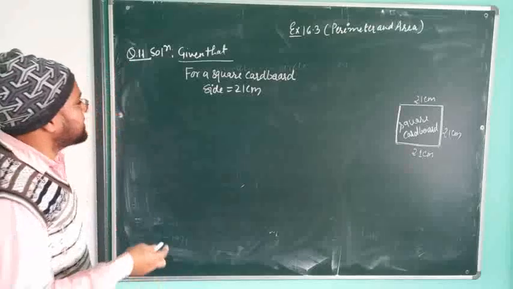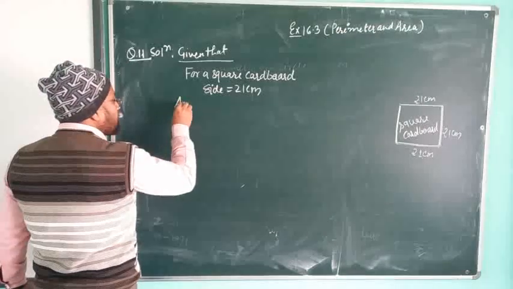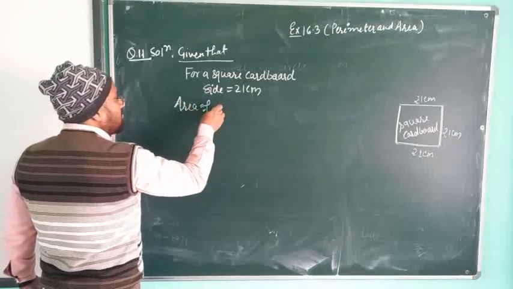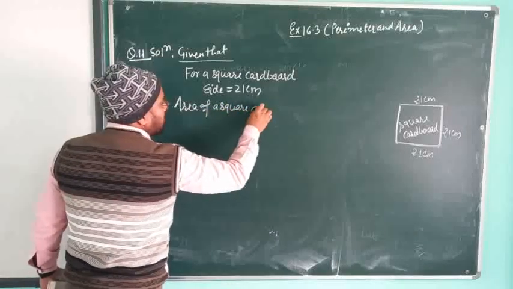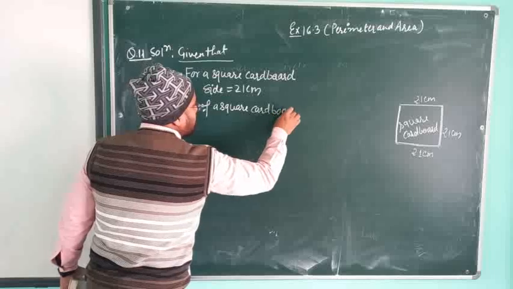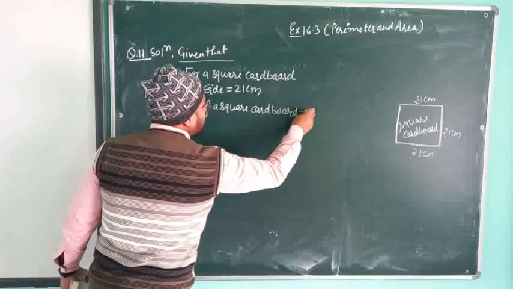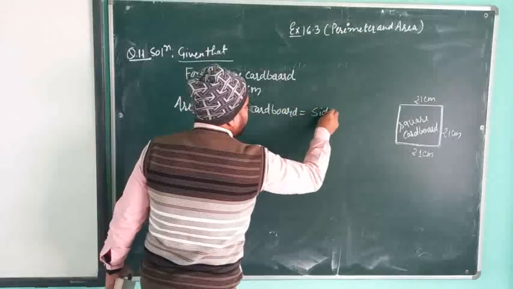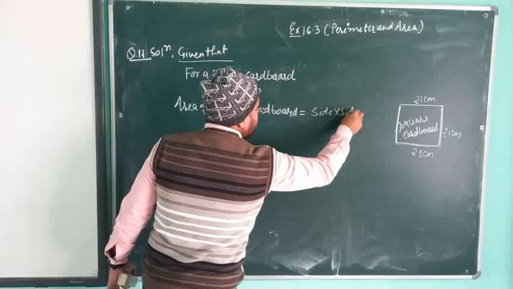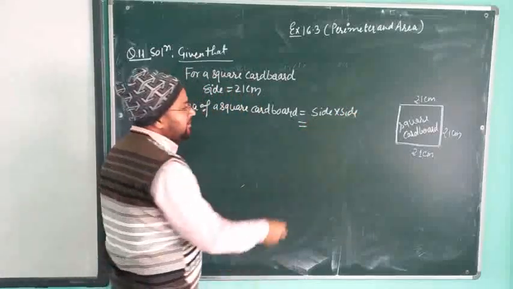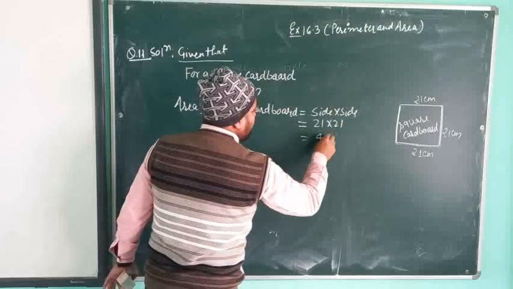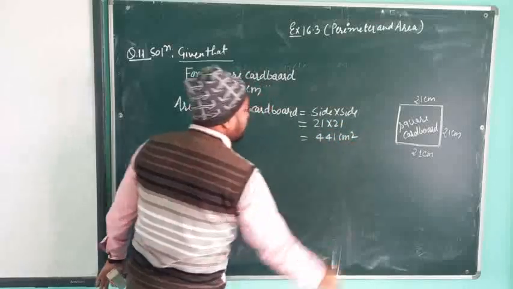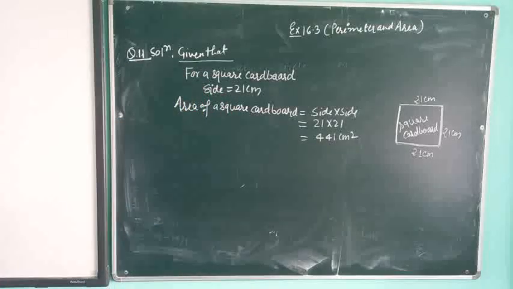So its area is equal to area of a square cardboard is equal to side multiplied by side. Means that 21 multiplied by 21, we are getting 441 centimeter square is the area of the square cardboard.